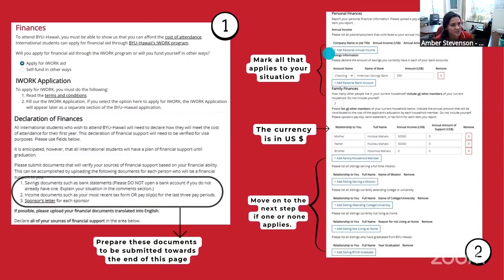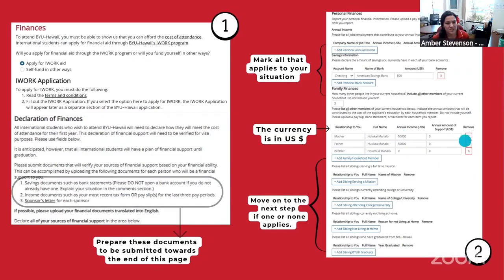So in this section, you are going to put your annual income, you'll put your bank statements, you'll also put in your household. So if you live with your mom, your dad, and your brother, and let's say your mom and your dad work, but your brother is 17 and doesn't work yet, okay?